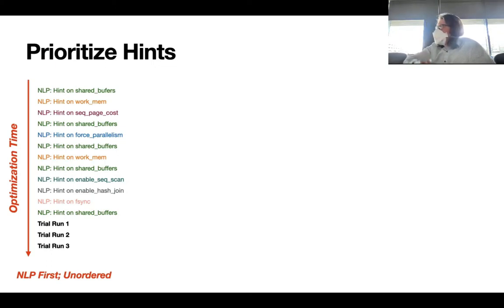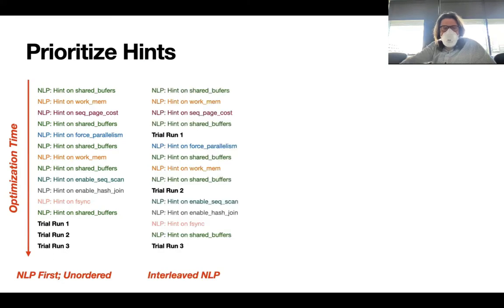So when doing this, it would take a while until we have the first performance results that we gain by trial runs. And because of that, the users would have to wait for a long time until the first recommended configurations get returned. So it is probably better to somehow interleave natural language analysis and trial runs like you see here.